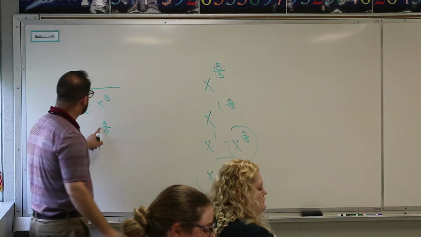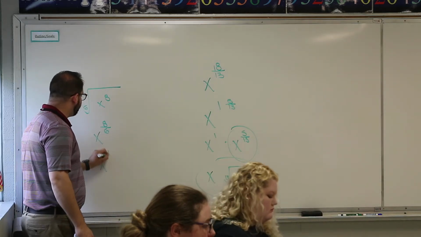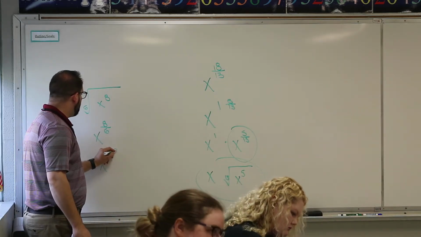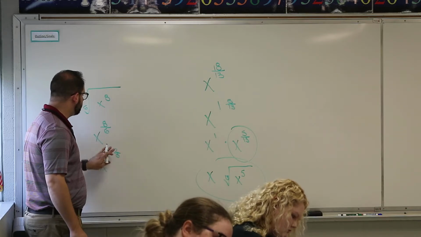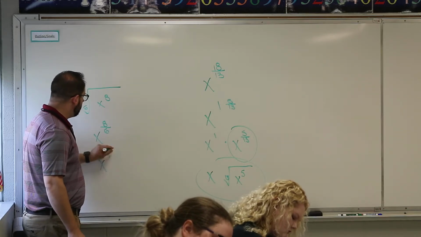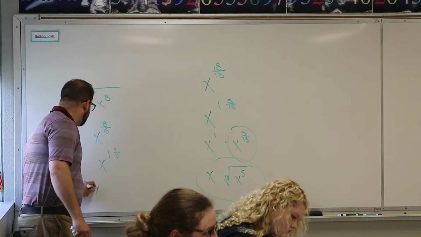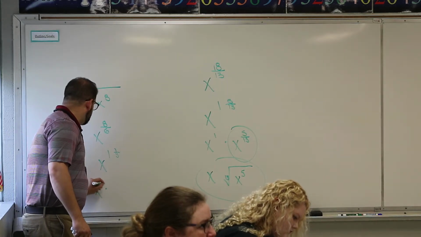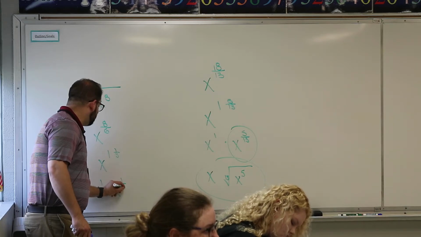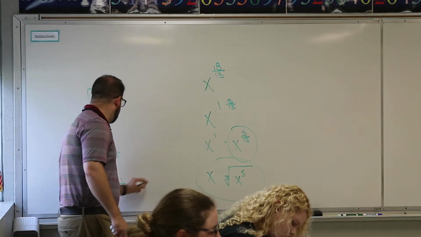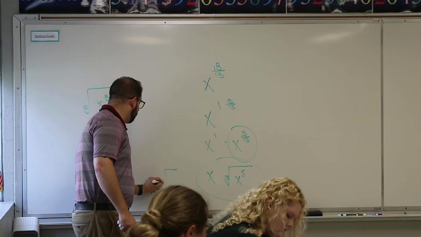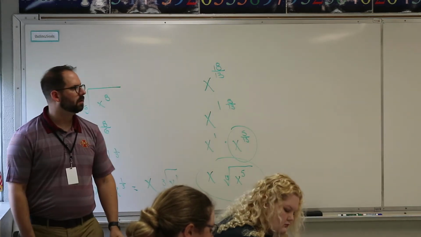Because this process would be x to the 1 and 2/6, which is 1 and 1/3. Then you simplify 2/6. And so this is x, and then x to the 1/3. So this will end up being x and a cubed root of x to the first.